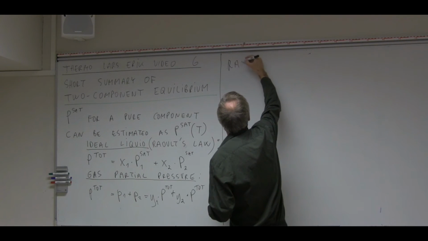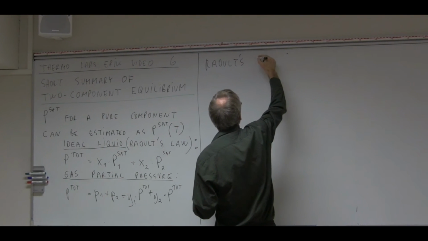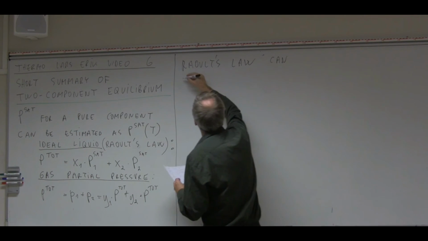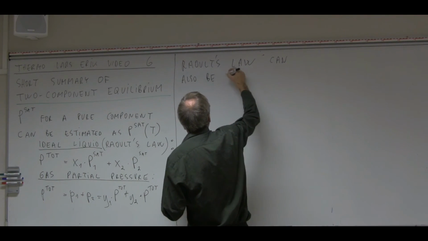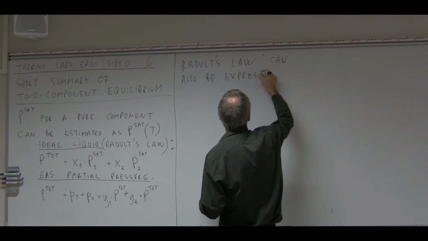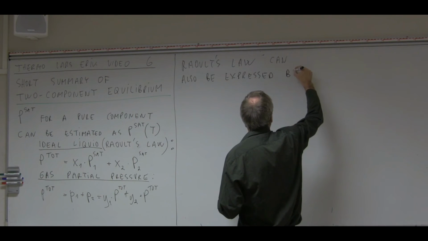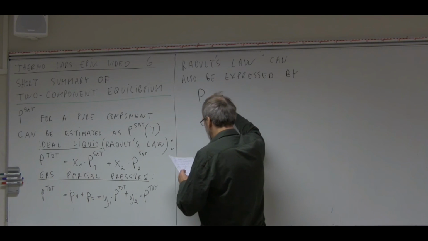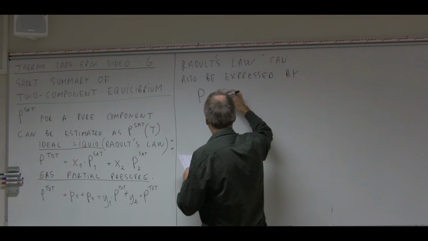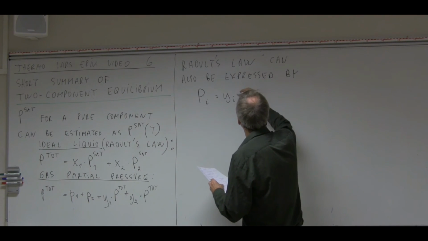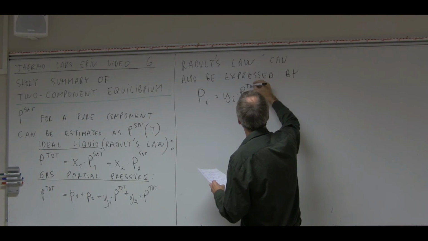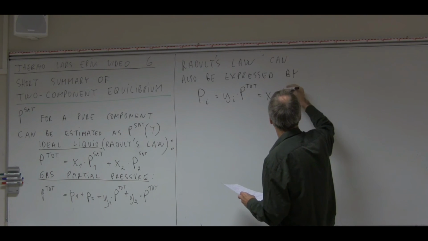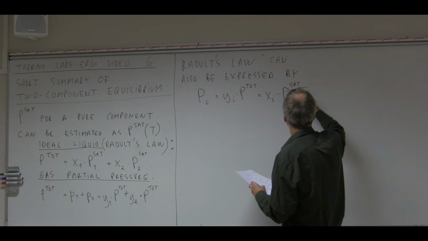And then Raoult's law can also be expressed by P_i equals y_i times the total pressure, equal to x_i times P_i^sat.